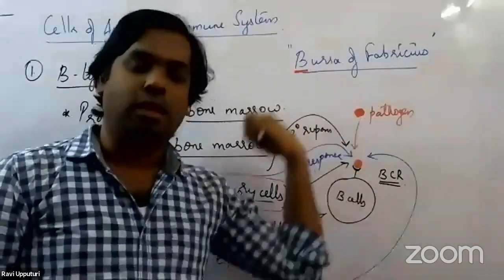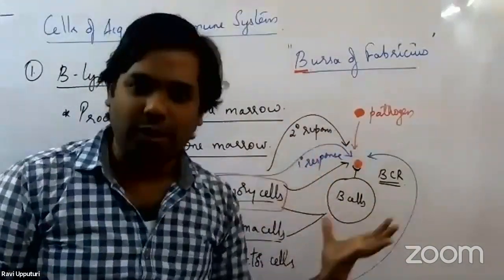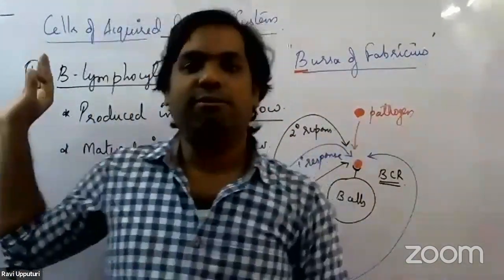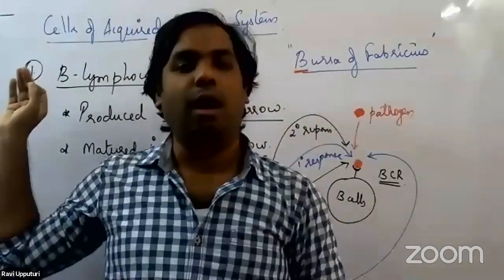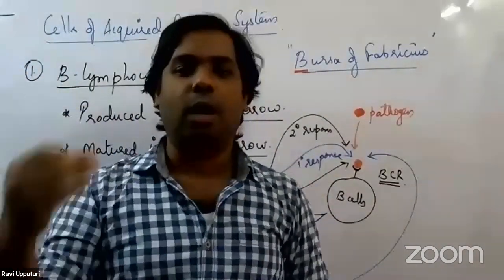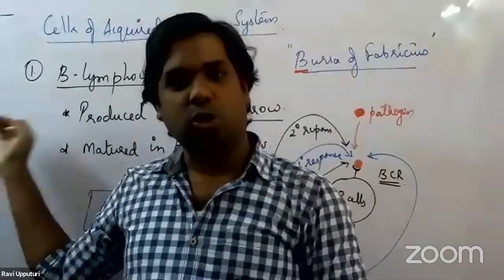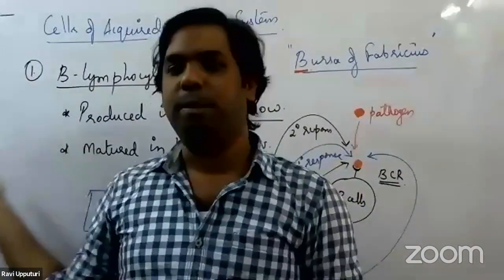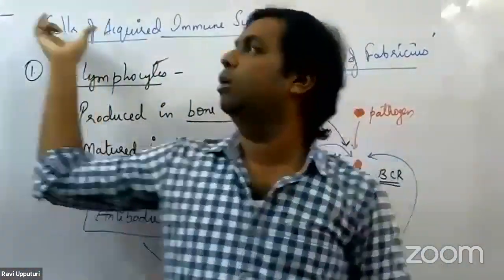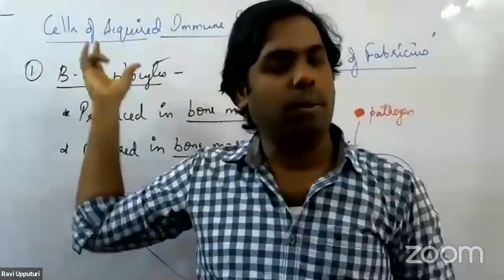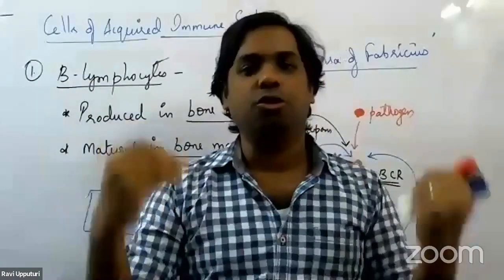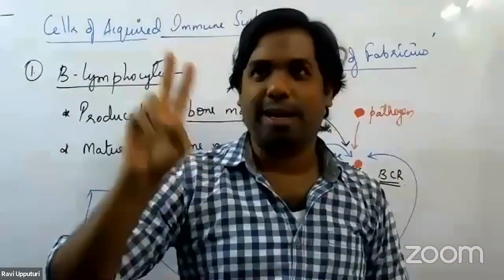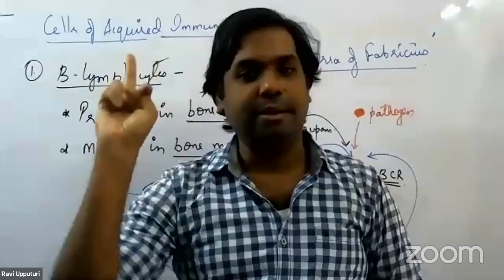This is how the B lymphocytes usually work. This is the first type of cells under the acquired immune cells, and one of the major constituents of the third line of defense. The acquired immune system is mostly constituted by lymphocytes: two types, B lymphocytes and T lymphocytes.